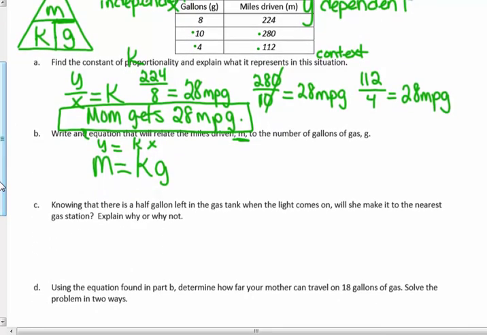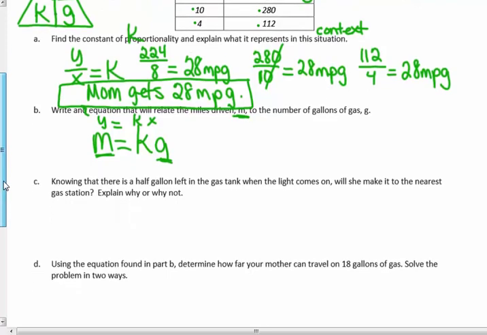In this context, y is M for miles, and x is G, the gallons. So we're changing y equals kx to M equals kG, replacing the y and the x with the true situation, miles and gallons. So that's the equation.